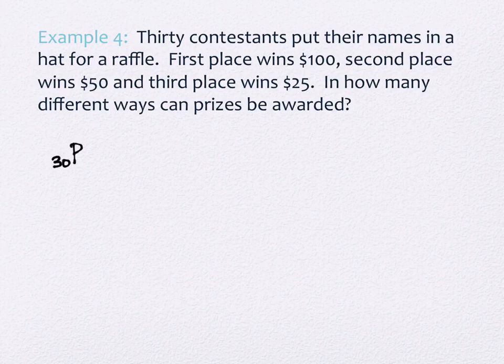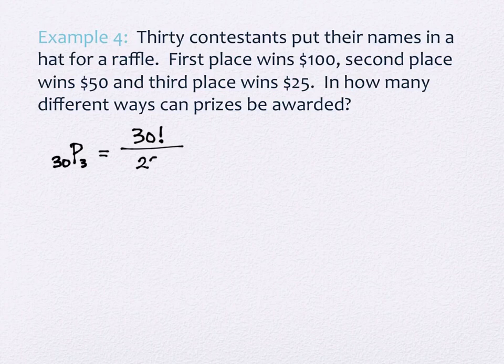How many win? 3. And the order does matter because the order in which we pull them out for the raffle determines what their prize is. So the numerator is the entire grouping of the 30, and the denominator is the number of people who don't win. So how many people don't win anything?